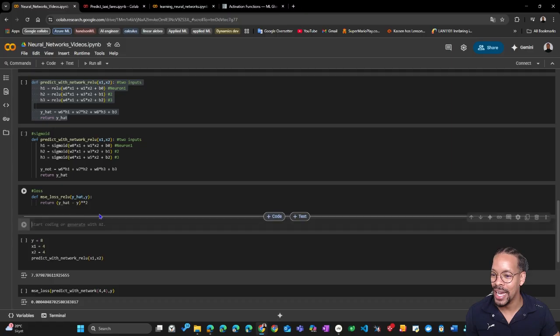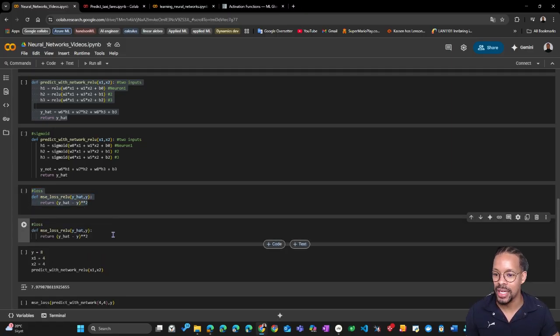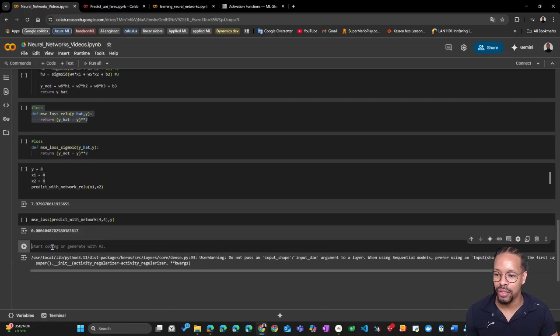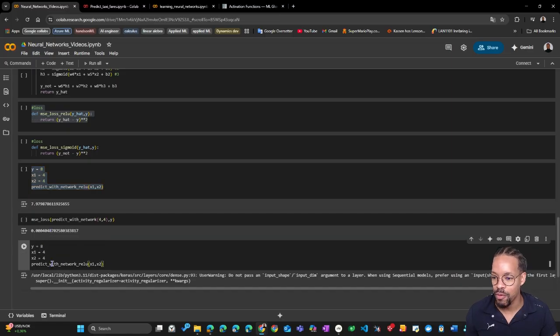And let me just add another loss so that we can actually go through the weights and the biases for everything and print the same values for both. So this is for sigmoid. And now we predict for ReLU and do the values for ReLU there, and we do the same for predict with sigmoid.